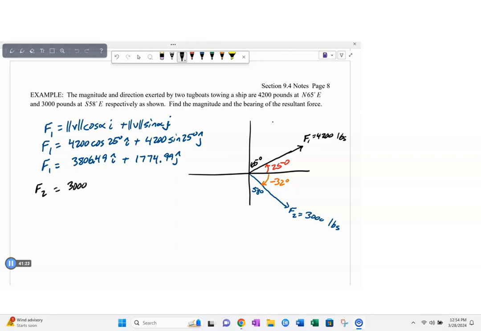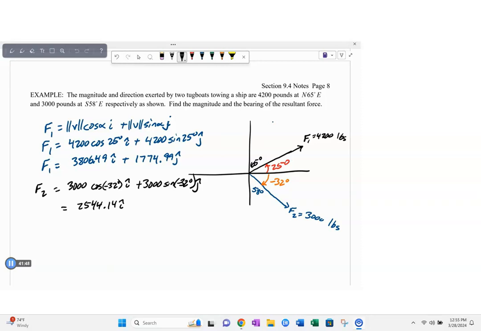So this time it's 3,000 pounds, and it's the cosine of that negative 32 degrees i plus 3,000 sine negative 32 degrees j. Multiplying those, we get 2544.14 i.